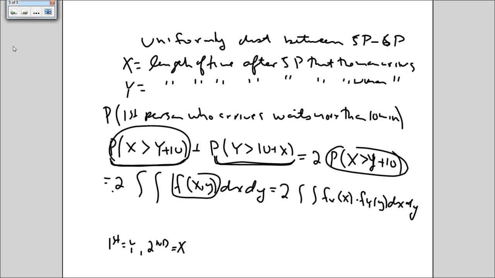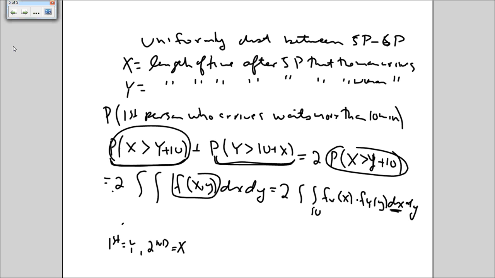Okay. First I see dx, so that must be the limits for x. Now, x came second. The least amount that x could have come after 5 o'clock is 10 minutes. That's the least it could have come.